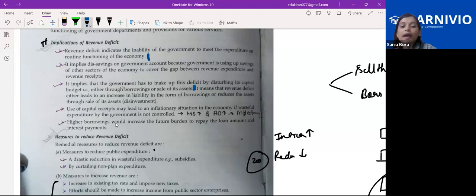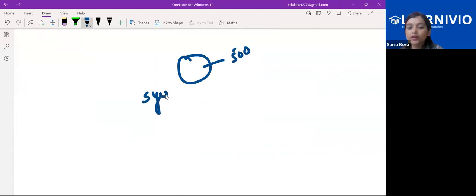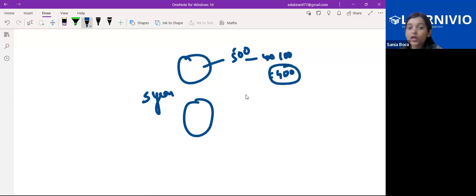And the next point is that higher borrowing would increase the future burden. For example, this is the government, and they took a loan of 500 rupees. After 5 years, there will be another government. From this 500, they only paid 100 rupees. The remaining balance was 400. Who will pay this? The next government will pay it.